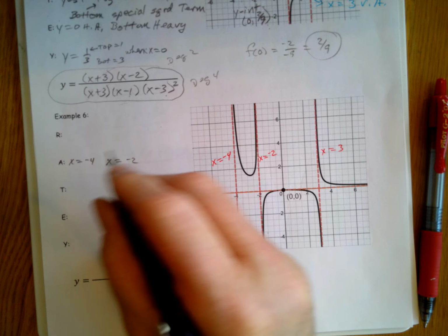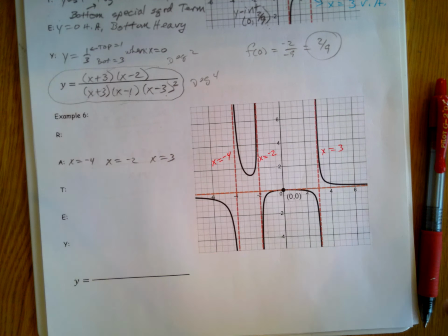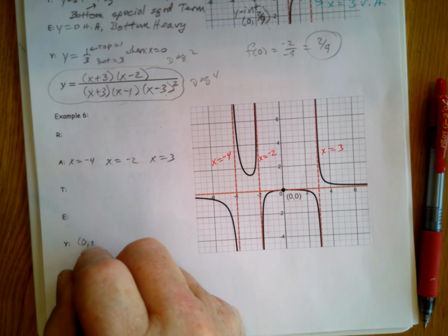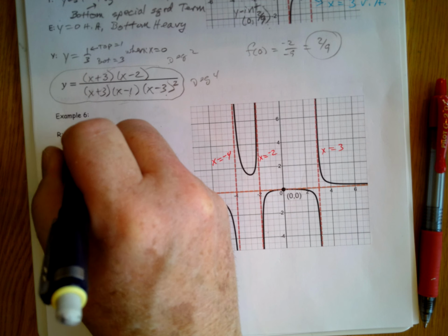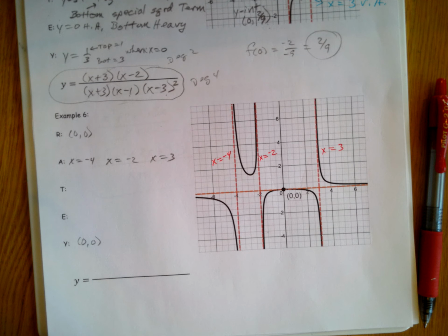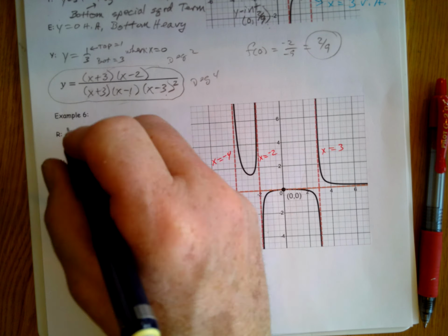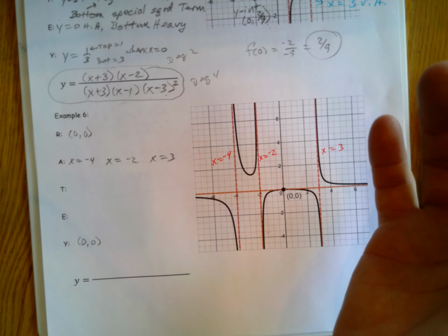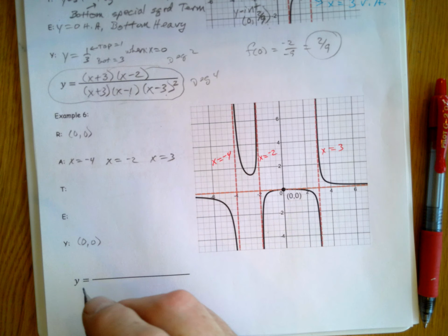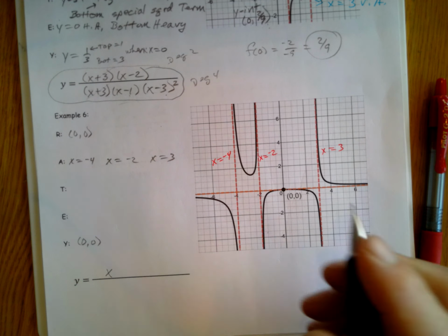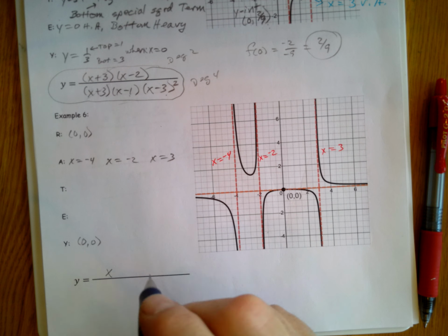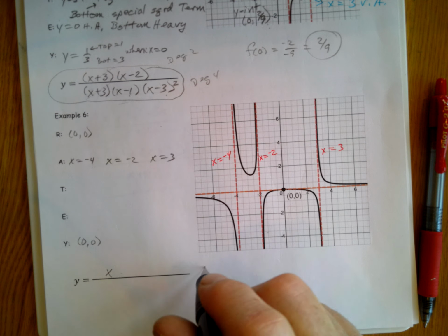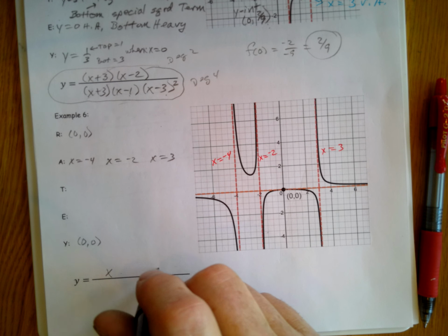You have a root and a y-intercept of 0, 0. That tells you a bunch. That means that for a root, one of my factors has got to be x. So I know I have an x up here, because that's going to be 0. And then whatever other factors, when I plug them in, it's going to be 0 times something. I can have 0 up here, but I can't have just an x down here because I can't divide by 0.